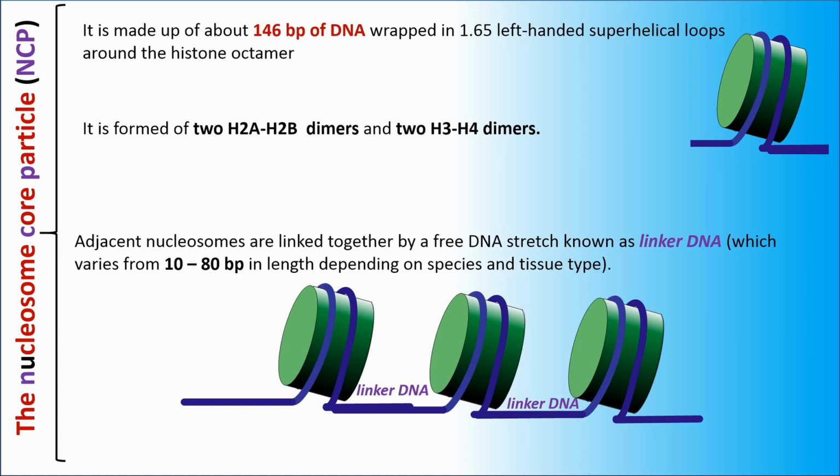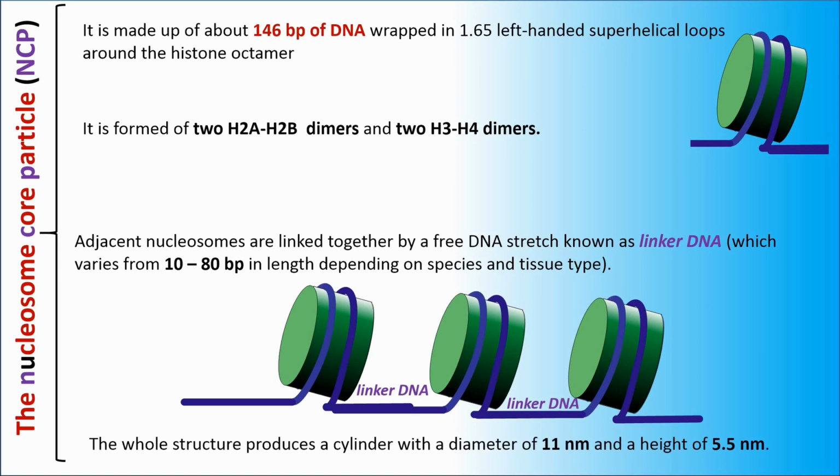Adjacent nucleosomes are linked together by a free DNA stretch known as linker DNA, which varies from 10 to 80 base pairs in length depending on the species and tissue type. The whole structure produces a cylinder with a diameter of 11 nanometers and a height of 5.5 nanometers.